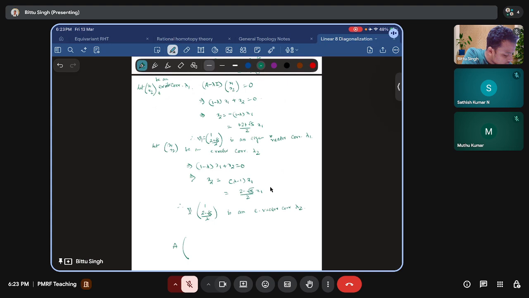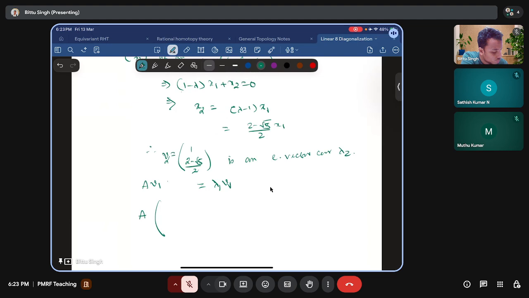And v2 is this vector. So we already got that A times v1 is lambda 1 v1, and we also got that A times v2 is the same as lambda 2 v2, right?